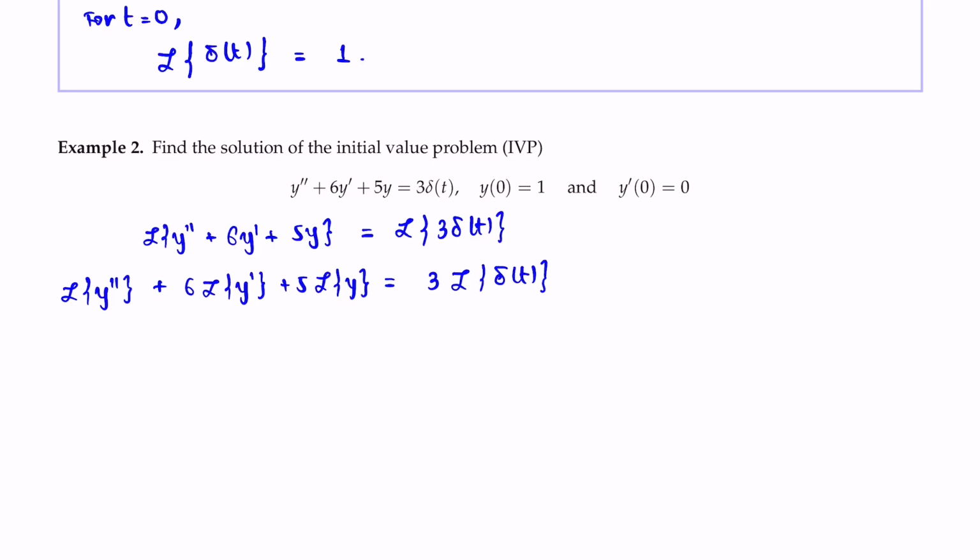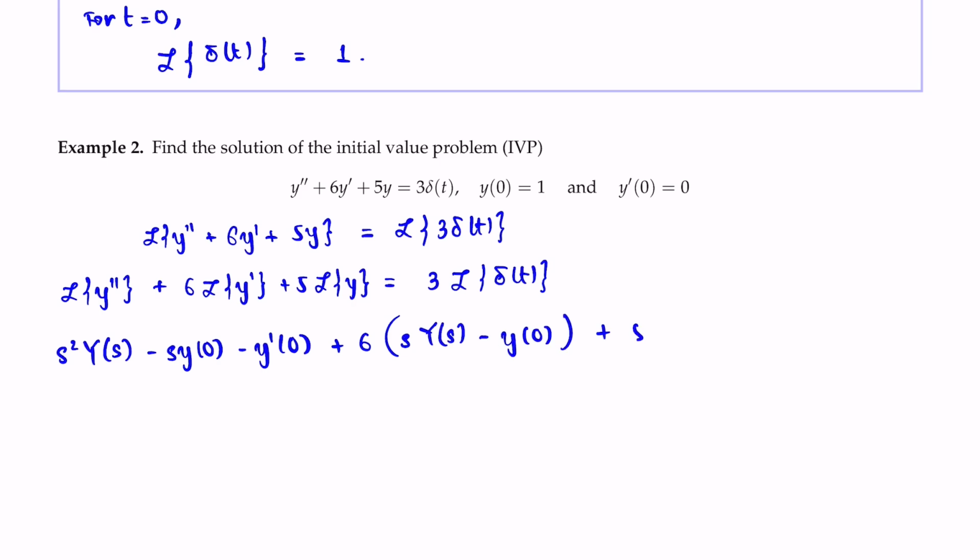Then you apply the Laplace transform for derivatives. The Laplace transform of the second derivative is s squared times capital Y of s, which is the Laplace transform of little y, minus s times y of 0 minus y prime of 0, plus 6 times the Laplace transform of the first derivative, which is s times capital Y of s minus y of 0, plus 5 times capital Y of s, equal to 3, which is the right hand side.